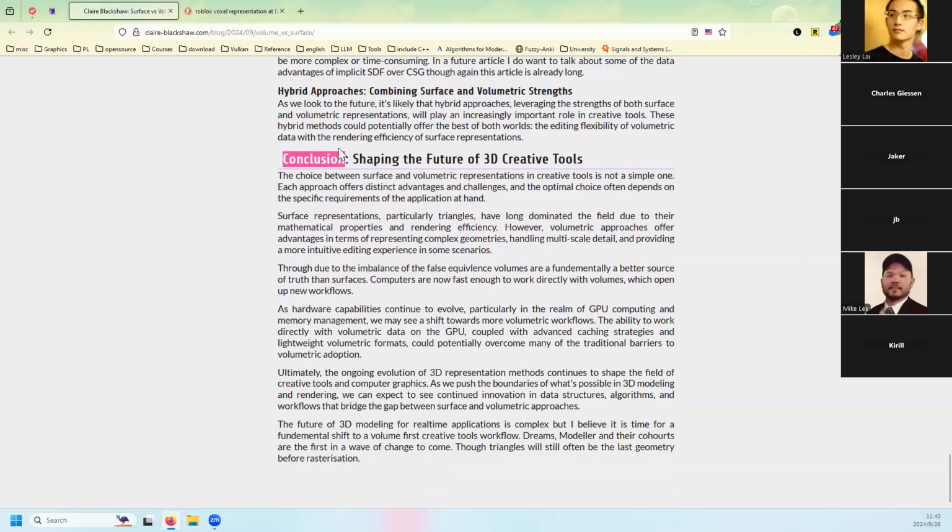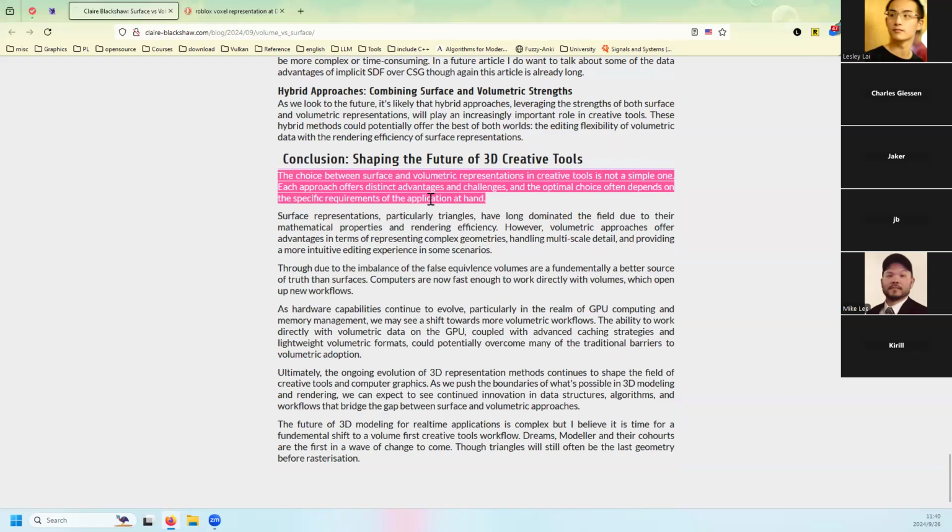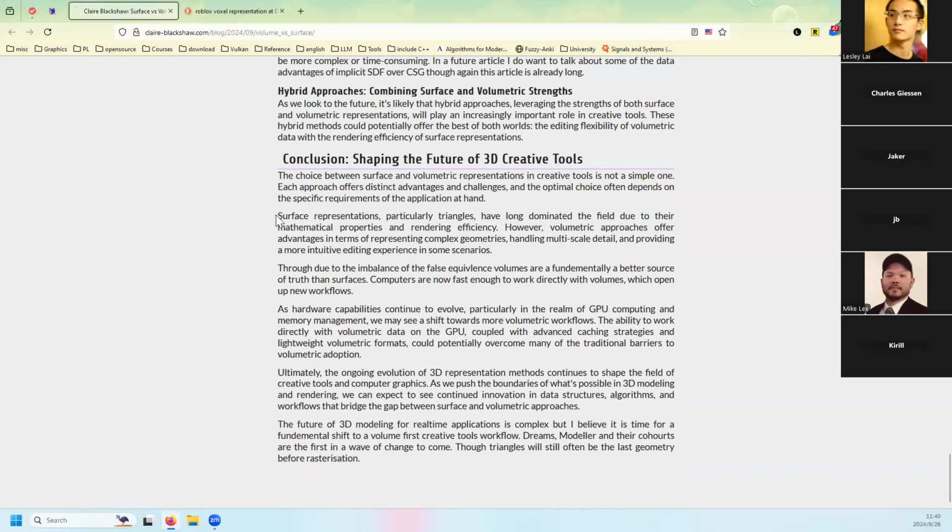Conclusion. Yeah, it's always a trade-off, basically. And yeah, triangles are still the dominant format, but volumetric approaches also offer certain advantages.